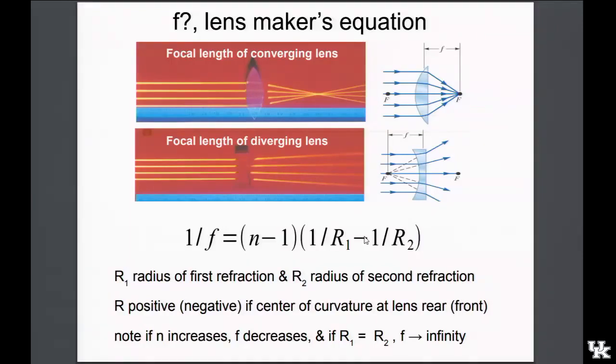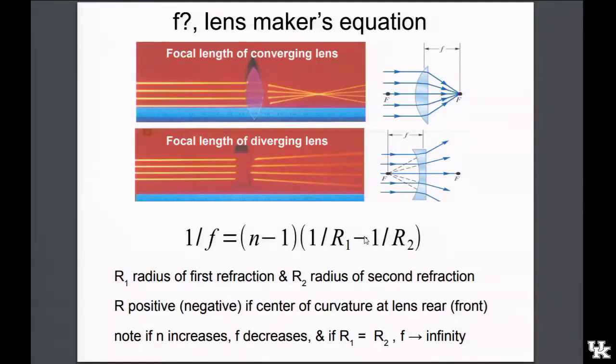F equals R/2. Unfortunately, it's not as simple for lenses. If you think about it, with mirrors there's just one reflection. Now with lenses, we've got 2 refractions. Mirrors had just one surface with 1 radius of curvature. Now with lenses, we've got the front and back surfaces and 2 radii of curvature.